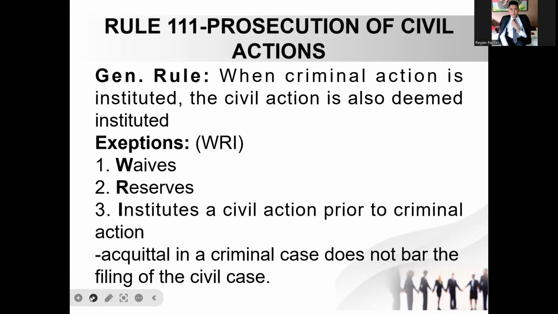Aside from that, after magbayad ng danyos, pwede rin siya matanggal sa serbisyo. Kaya nga, he is criminally liable, he is also civilly liable, as well as administratively liable. So that is under Rule 111 or the prosecution of civil action. Okay? Please screenshot.